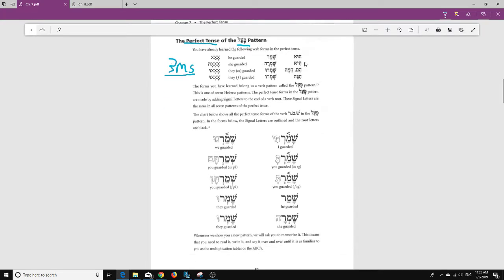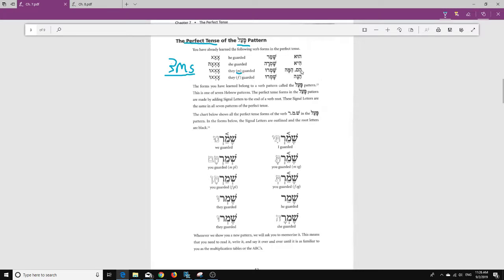Okay, so you've already learned some of this. Oh, well, here it is right there. I guess I could have pointed to that. But so you've already learned hu shamar, he guarded, hi shamra, she guarded, hem or hema shamru, they guarded in masculine. And maybe a good way, sorry, I just thought of another way to help you remember.